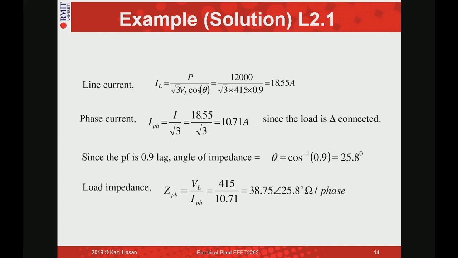It doesn't matter whether you write line voltage or phase voltage, because it is the same. That is 415, but we use the phase current because impedance is in each of the phases in delta. And we calculate the angle from the given power factor.